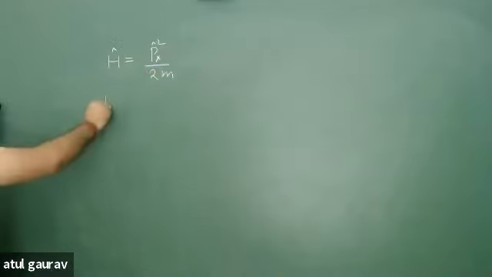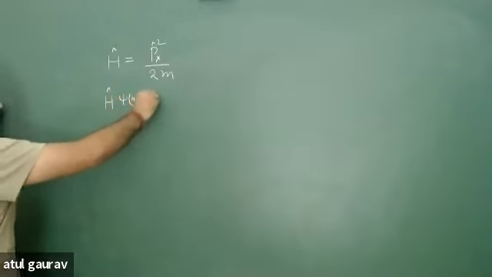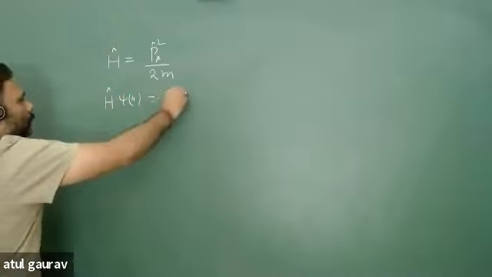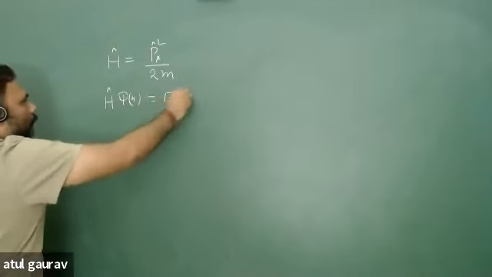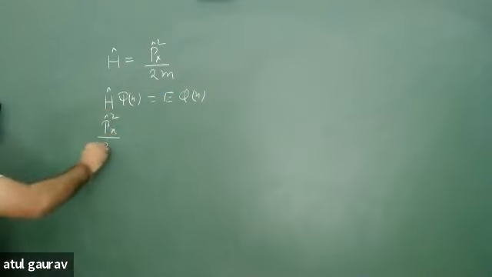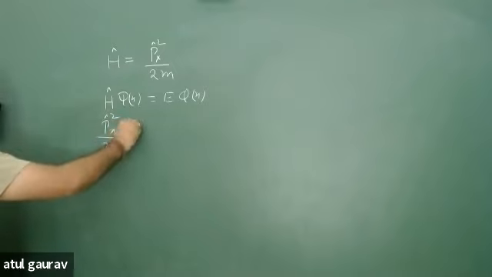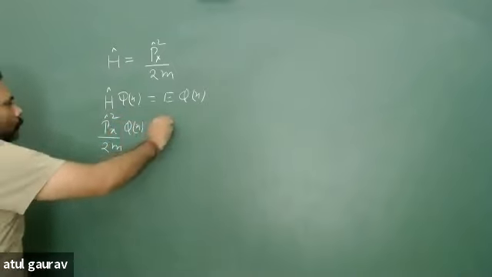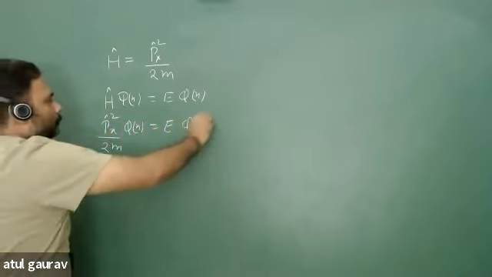What I have to do is find H phi(x) is equal to E phi(x). What is H? H is nothing but px square upon 2m, so px square upon 2m phi(x) is equal to E phi(x).